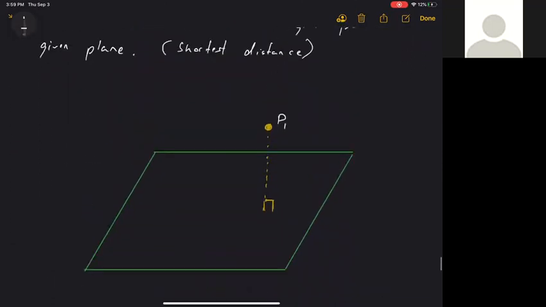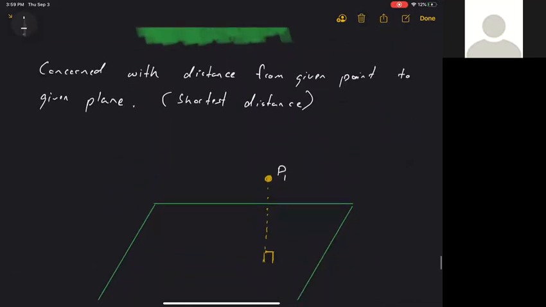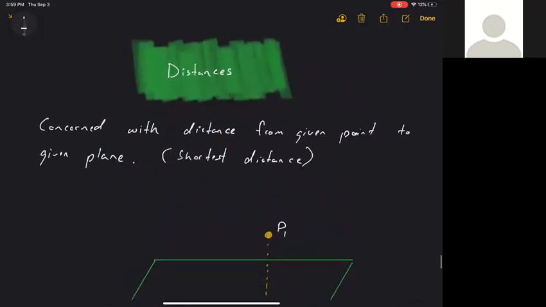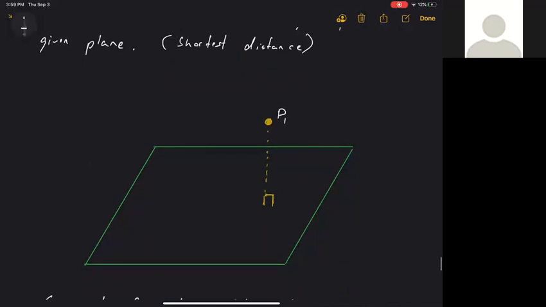Last topic of this section, distances. You might be asked about this, and this is an important idea. It might seem kind of arbitrary, but these techniques are used a lot in applied math, like data analysis, machine learning, etc. For instance, a plane could represent an approximation to some data, like a model of data.